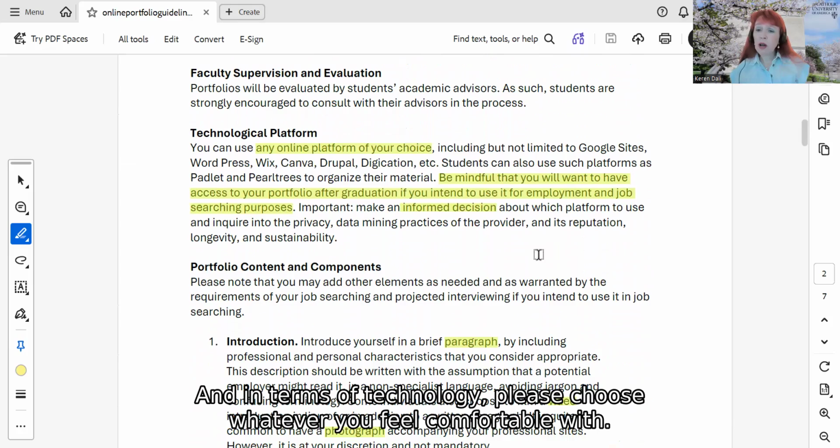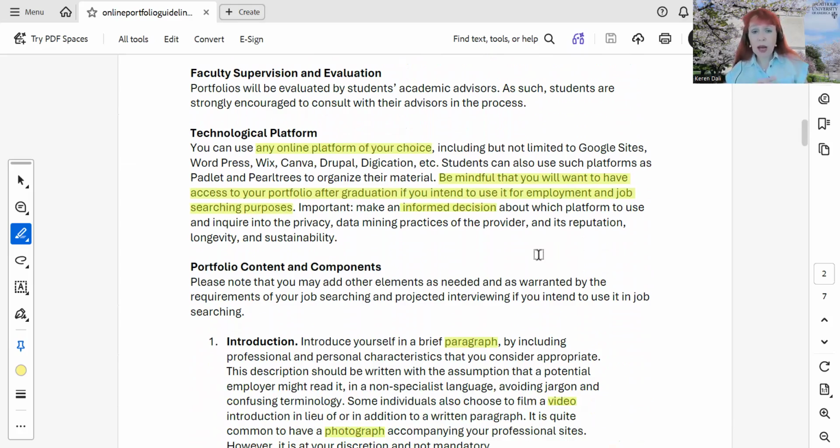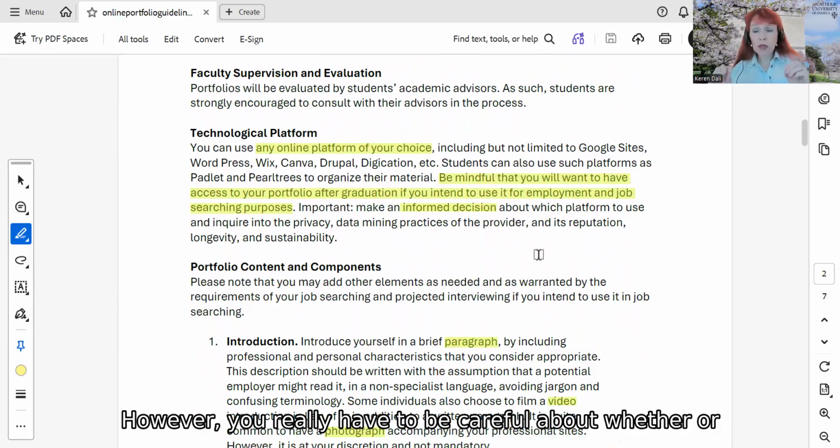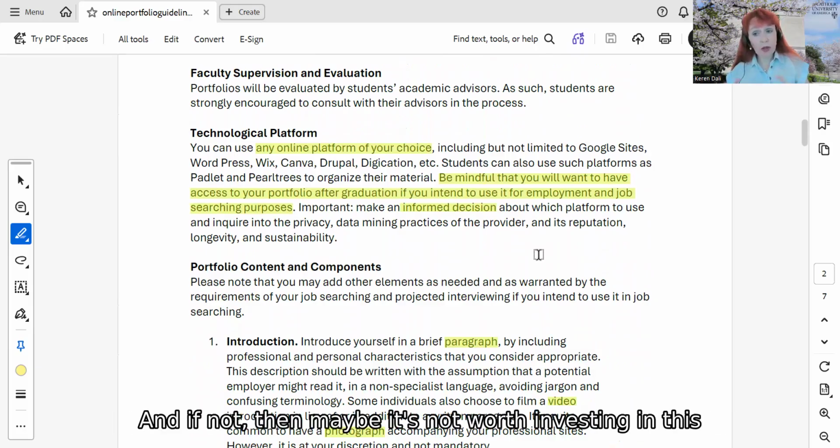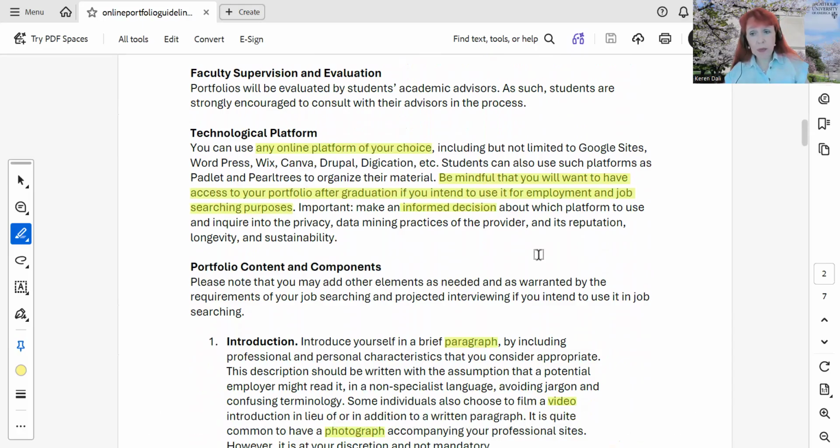And in terms of technology, please choose whatever you feel comfortable with. CUA gives you access to Google Sites. However, you really have to be careful about whether or not you're going to have access to this website after graduation. And if not, then maybe it's not worth investing in this kind of a platform.